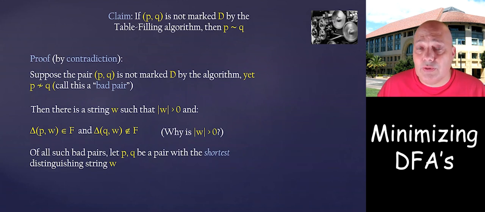So we assume that there is a bad pair. There may be many bad pairs. And each one of these bad pairs has potentially many strings that distinguish them.